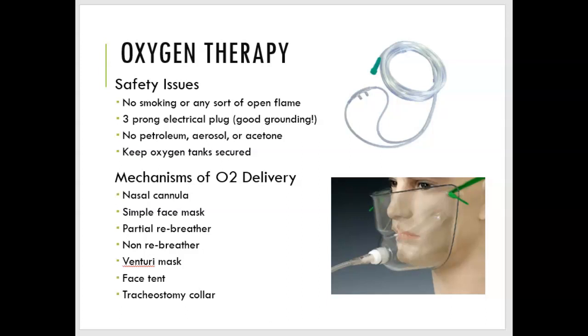So again, oxygen delivery systems. We talked about nasal cannulas in the class in 220, and there is a picture of a nasal cannula on this screen in the right upper corner. Then there is the simple face mask, which is basically the plastic mask that goes over the face, but there are air holes to allow the carbon dioxide to leave.